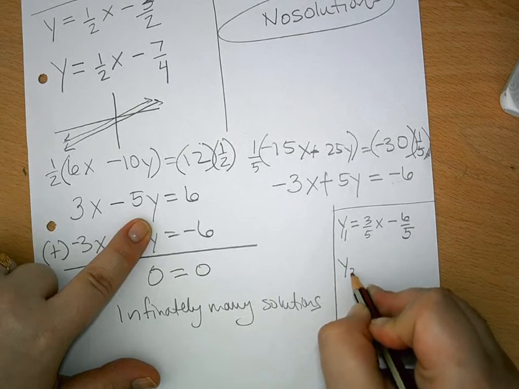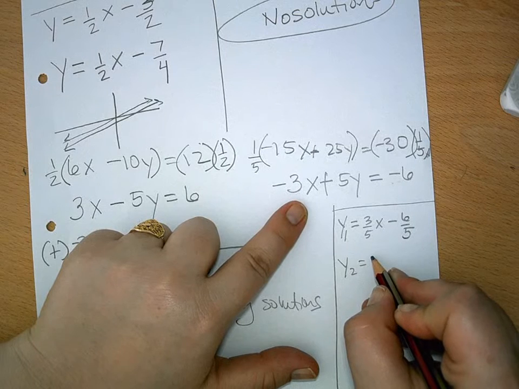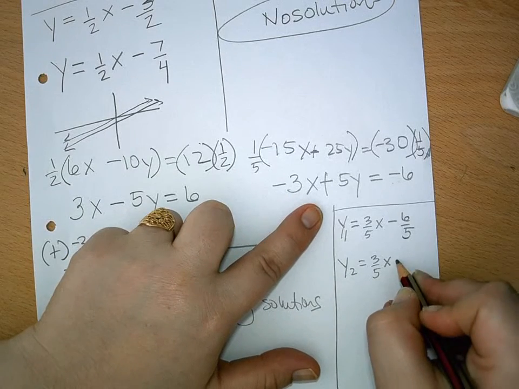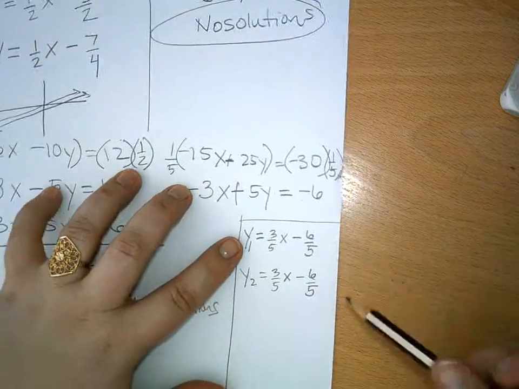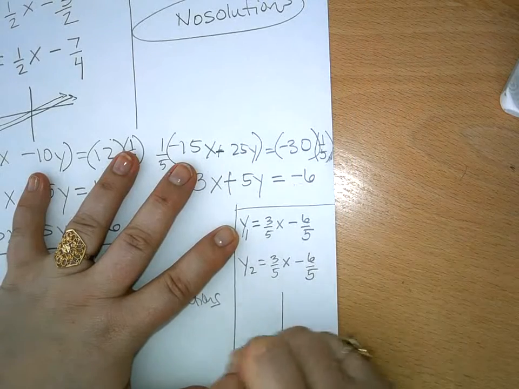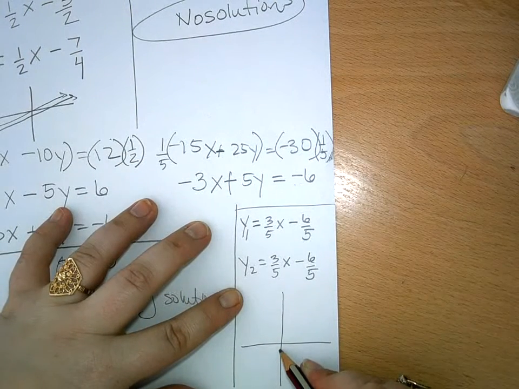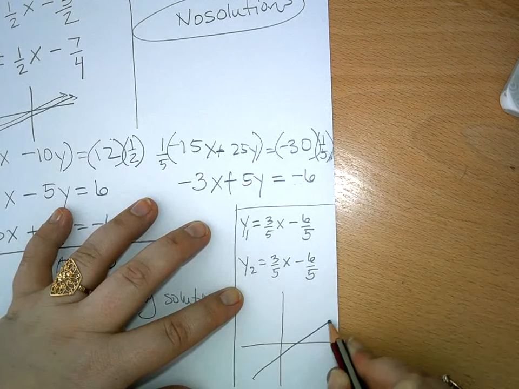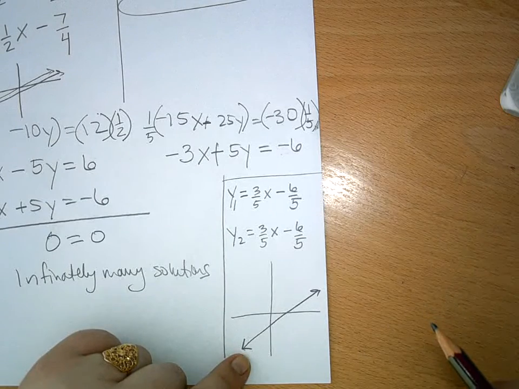And for y2, we would get 3/5 x minus 6/5. If you were to graph this, you would get the same exact line, and therefore you would have infinitely many solutions.